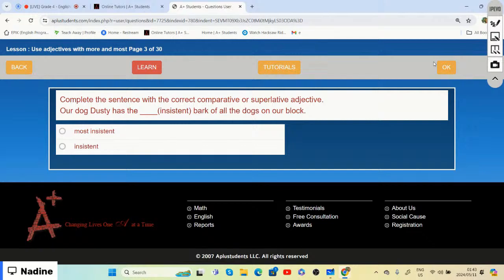All right, so we can say our dog Dusty has the insistent bark of all the dogs on our block.